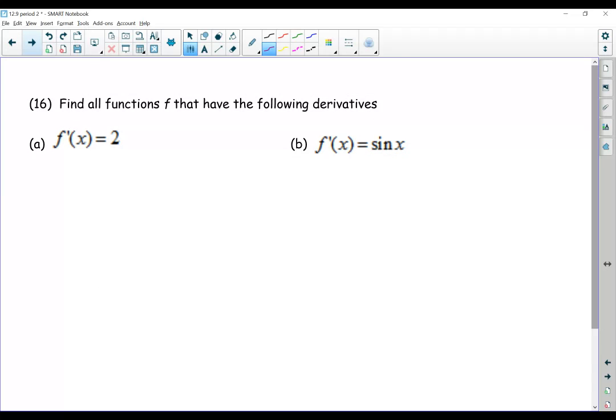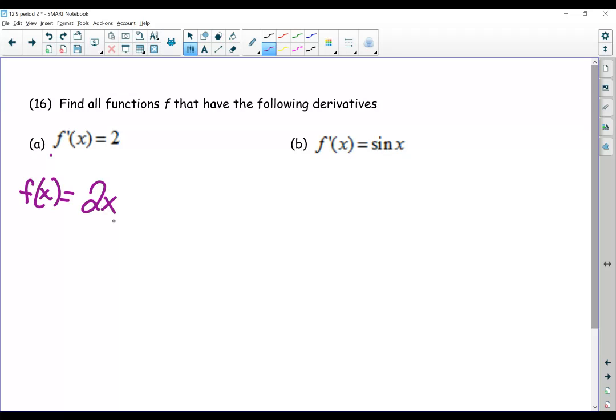Find all functions f that have the following derivatives. Now, an antiderivative, if I give you a derivative function, is what is the OG? What would that function have started as? So if I give you the derivative 2, you're thinking, what was the original function? You're going backwards, team. And if I tell you the derivative is 2, then you know the original function had to be 2x, but based off what we did, we know that there are lots of different things that we could have here.